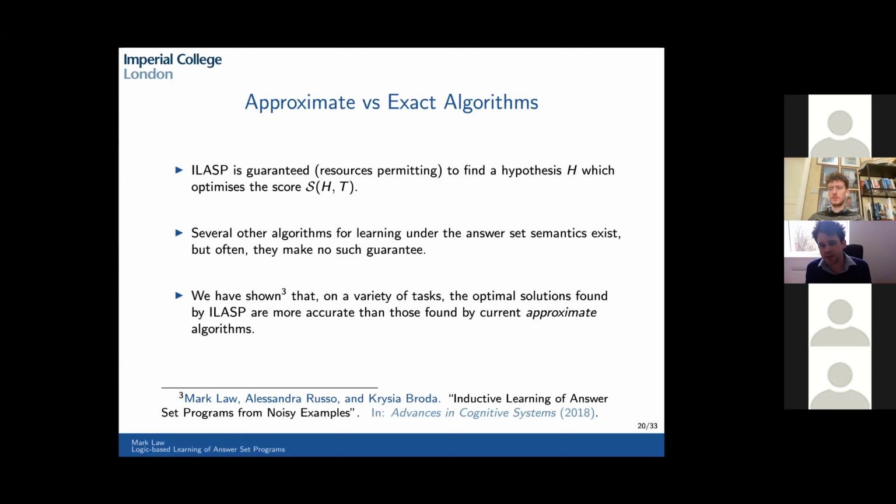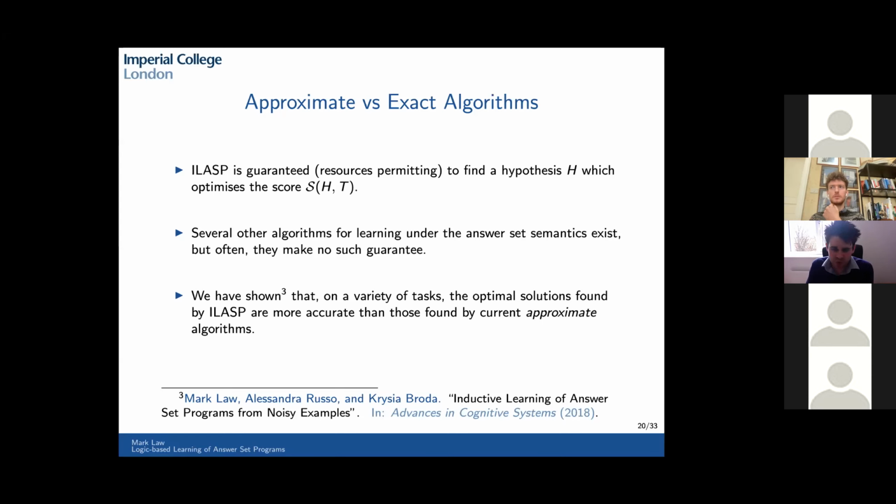Specifically, the reason for the comparison is that ILASP is guaranteed to find an optimal solution of the task, whereas some other approaches are not guaranteed to find optimal solutions, even though they do have a similar notion of scoring where they'll push towards an optimal solution or a preferred solution in the sense that ILASP defines it, but they don't guarantee finding this optimal because they take some shortcuts along the way.